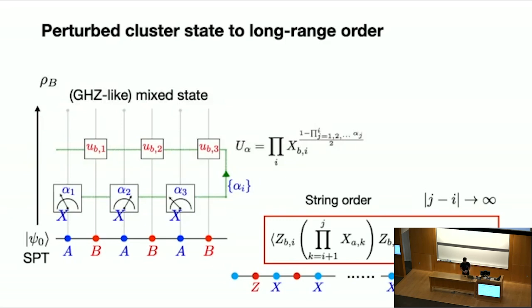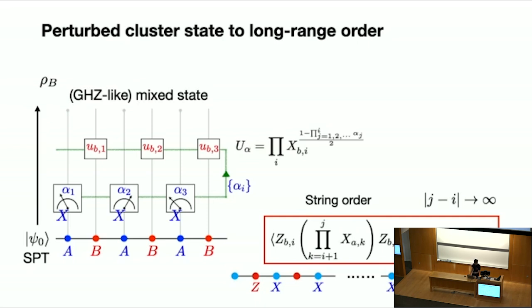So again, for the first layer, you select every qubit on sublattice A, and you do the Pauli X measurements, right? That's simple. And then in the second layer, you do some on-site Pauli unitary on sublattice B, where the individual choice depends on the entire measurement outcome of the previous measurements.